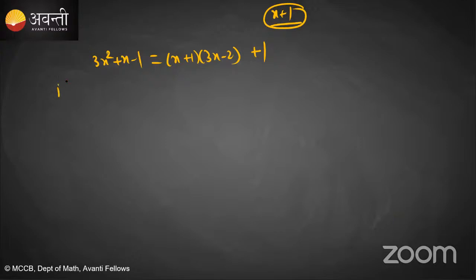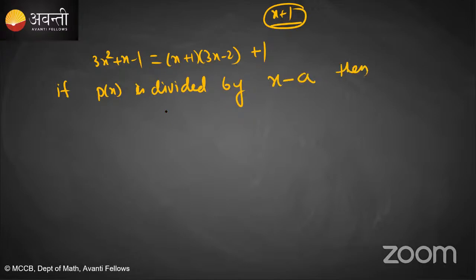See, if your polynomial p of x is divided by x minus a, let's say, then the remainder is p of a. Okay, this is known as the remainder theorem.